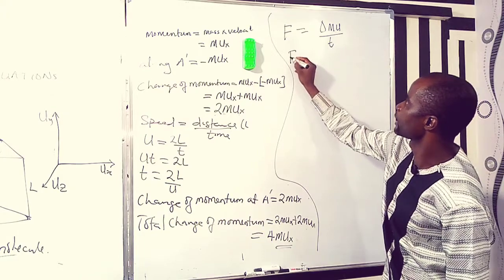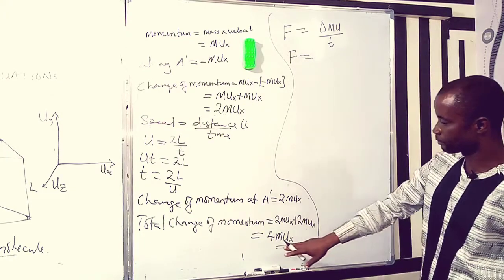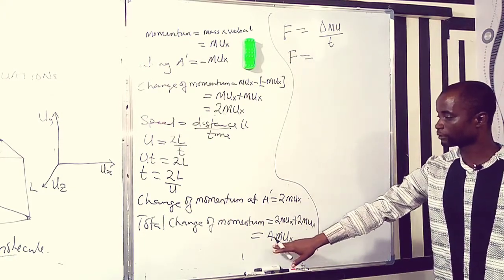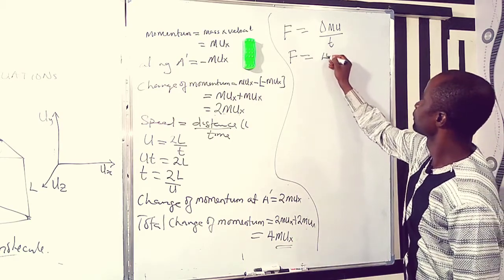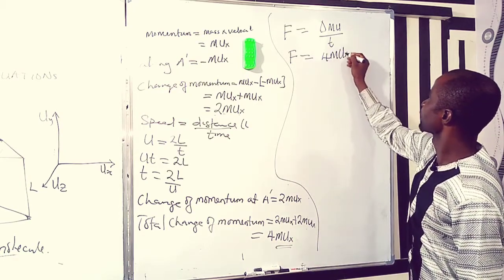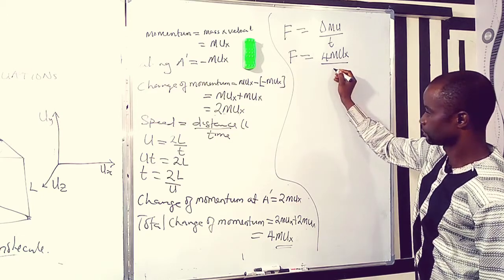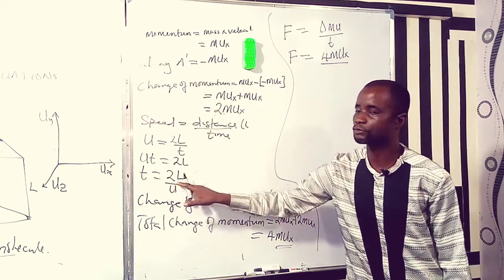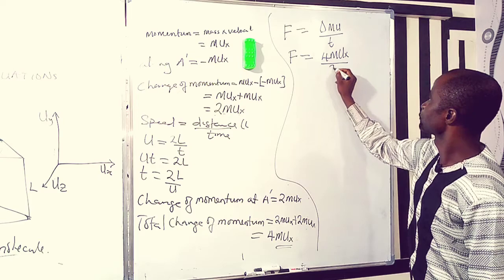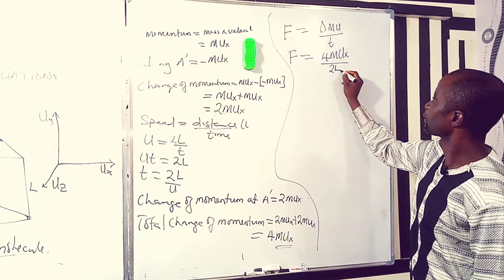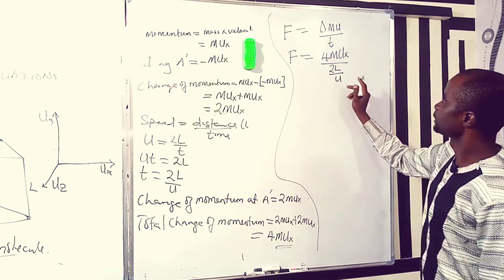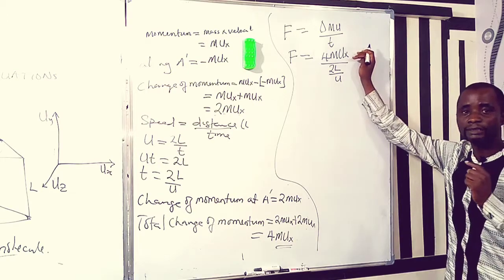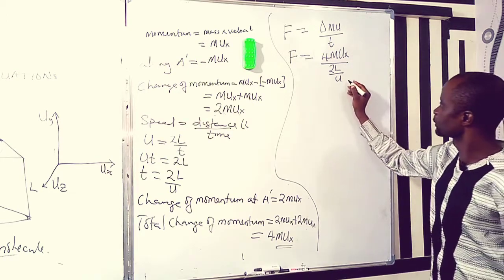F now equals what? What is the rate of change of momentum? The change in total momentum is 4mux, over what's the time? The time is 2L over u. Since we are considering the gas molecule along the x-axis, the velocity will be ux.